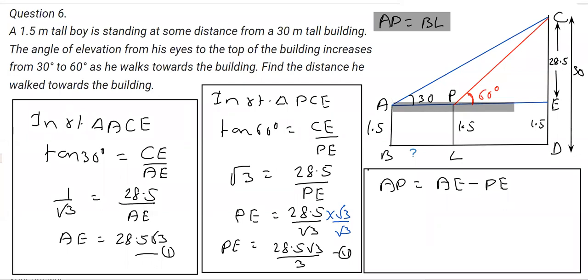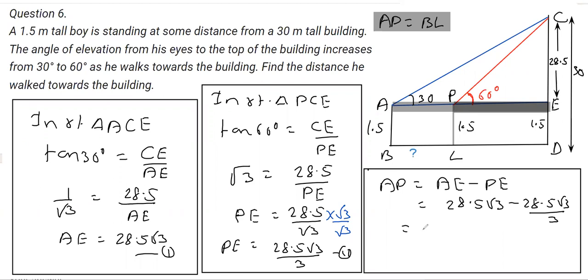This can be obtained as this whole minus this part. So we know the length of AE, which we have calculated as 28.5 root 3, and PE which we have obtained as 28.5 root 3 upon 3.